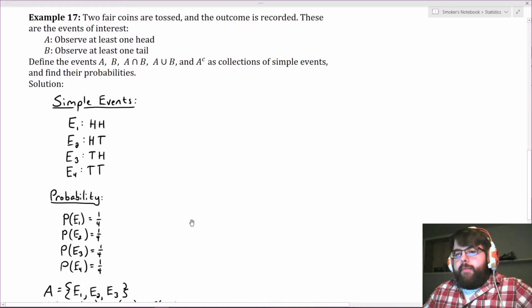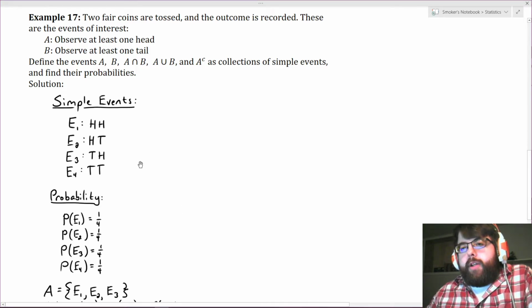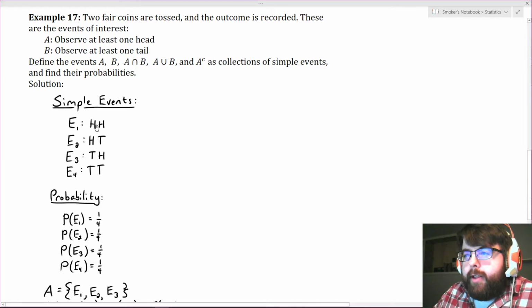So event A, at least one head, would consist of every event that has a head in it. Head-head would have at least one head. Head-tails and tails-head all have 1 head in the event. So event A would look like this: E1, E2, E3.